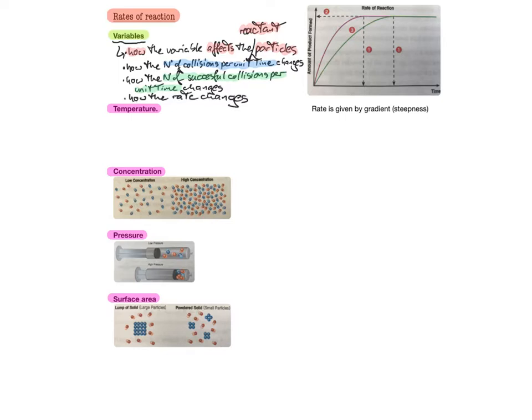And how the rate changes, which I'll just highlight, can be seen and applied to these rate curves over on the right, which we will talk about just briefly. If we look, this rate curve is amount of product formed up on the y-axis against time on the x-axis. If we are making more product in a shorter time, like we are in the purple line, we're going to have a faster initial rate of reaction.